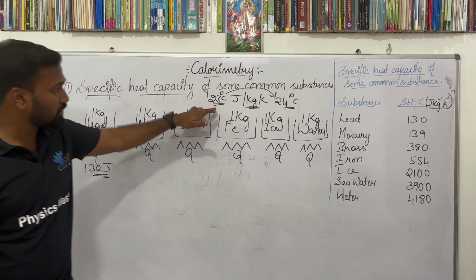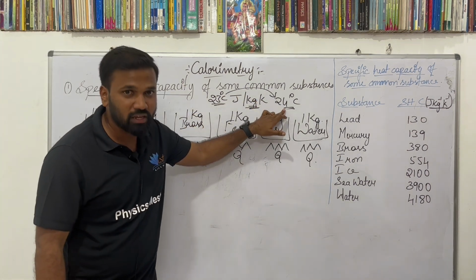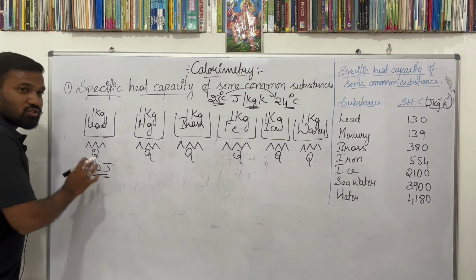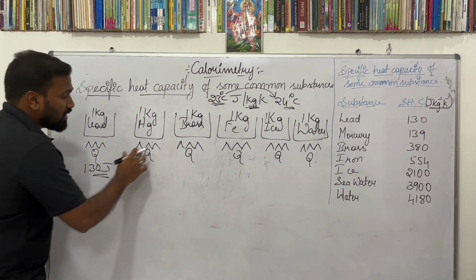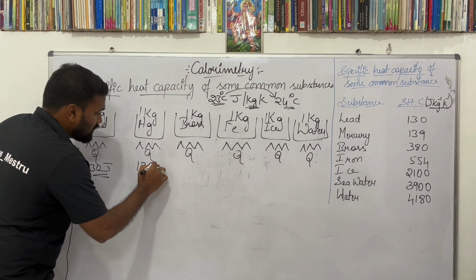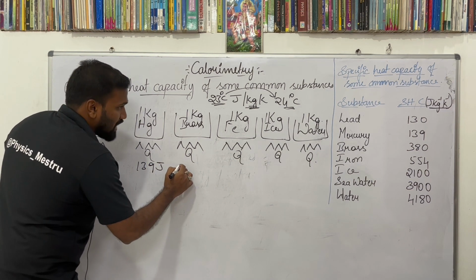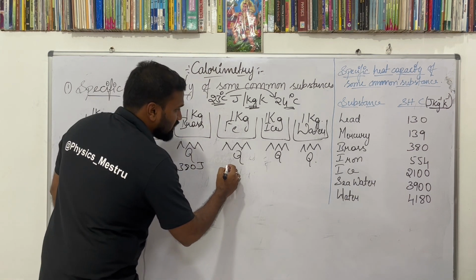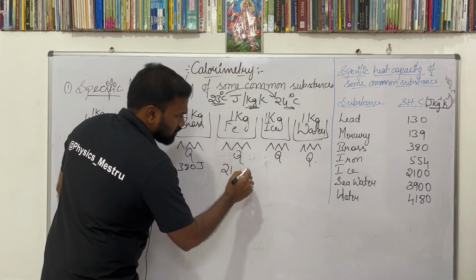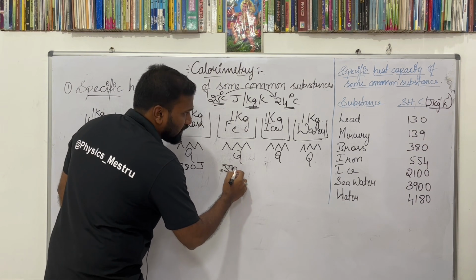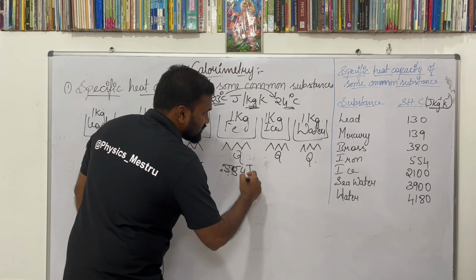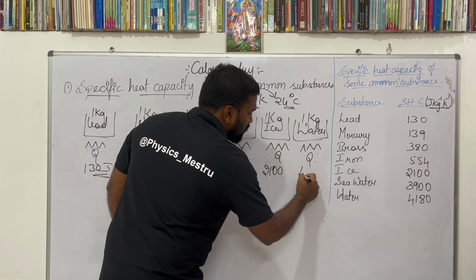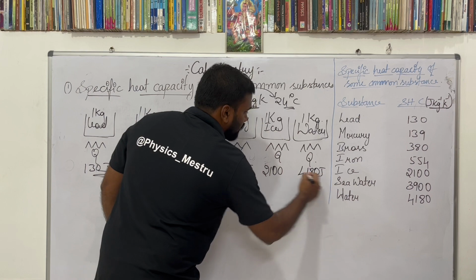To raise its temperature from 23 to 24 degrees Celsius, lead is taking 130 joules of energy. In the same way, mercury is taking 139 joules of energy. Brass is taking 380 joules, iron is taking 554 joules, ice is taking 2100 joules, and water is taking 4180 joules of energy.